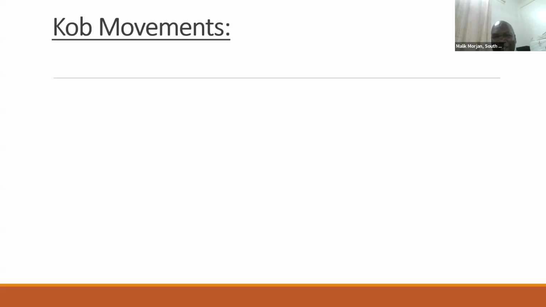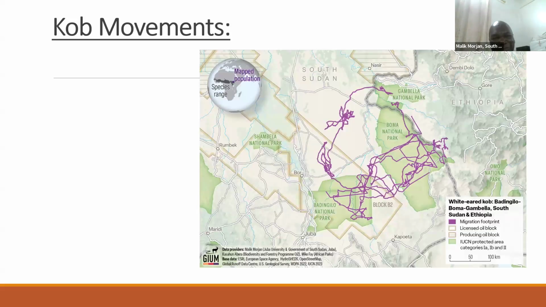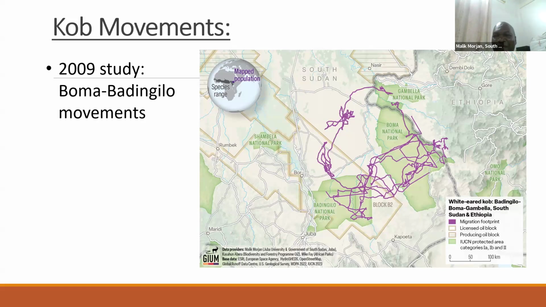I want to give a highlight here because they are least known in terms of kob movement. This map shows the kob movements, white-eared kob movement. As I said, here is the rainy season in the Badingilo National Park.